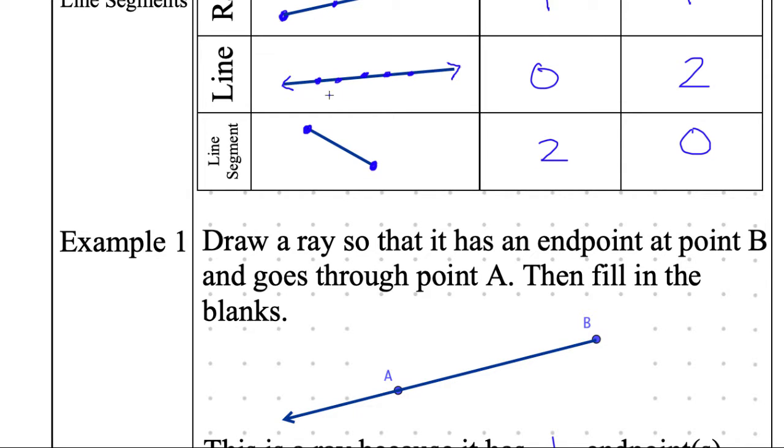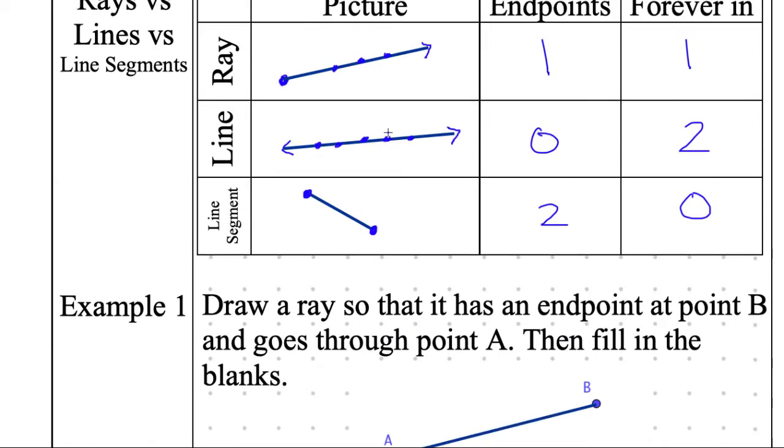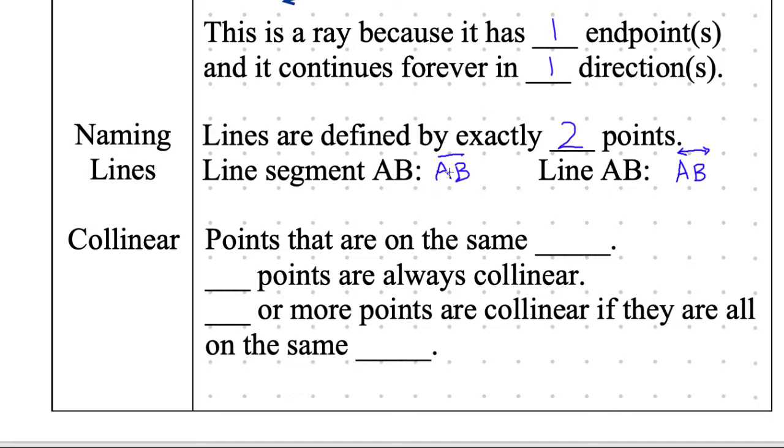A line goes on forever and ever. Well, line AB is very similar, capital A, capital B, with a line above it, but with arrows, because it's a line. It matches up with our picture. A line has arrows, a line segment does not have arrows. There we go. I said it correctly. Whew. All right. This is what happens when you record videos at 2 in the morning.